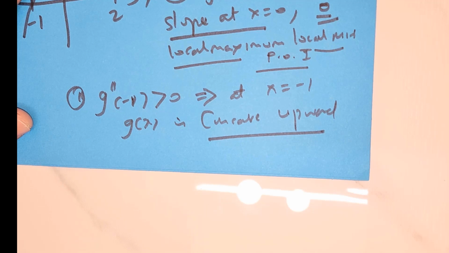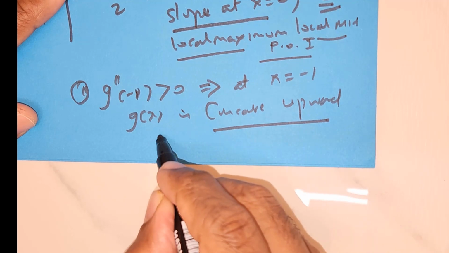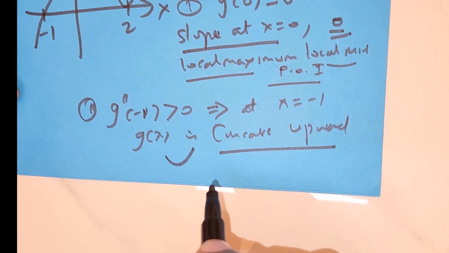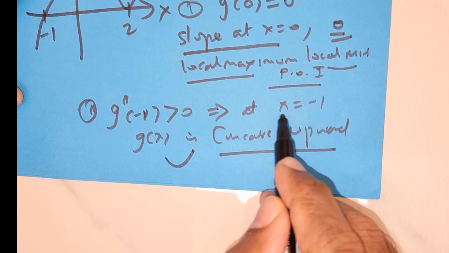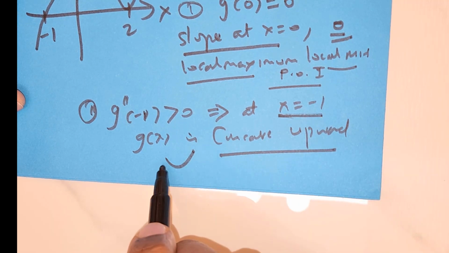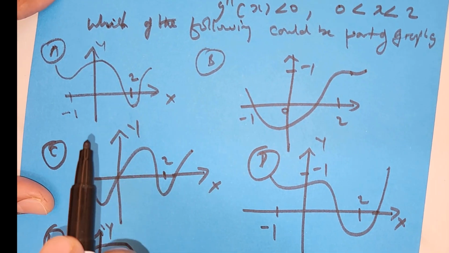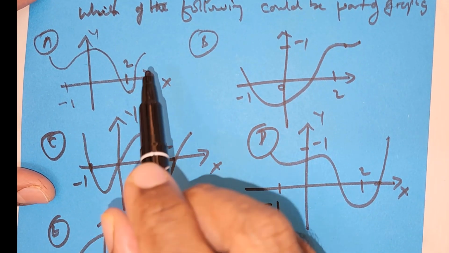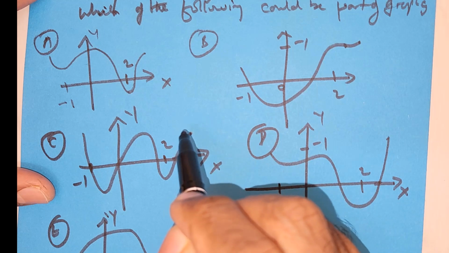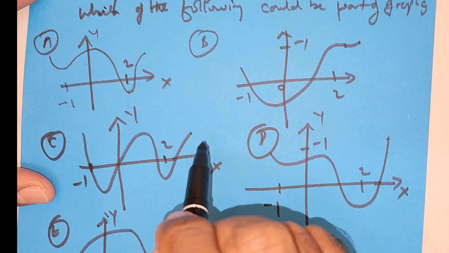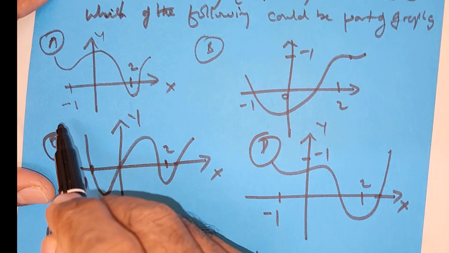Concave upward means what? The graph has to be U-shaped at x equal to -1. Now this is the deciding feature. Now go back in the graph and locate all the graphs where that U, that lowest point, is hitting at x equal to -1.